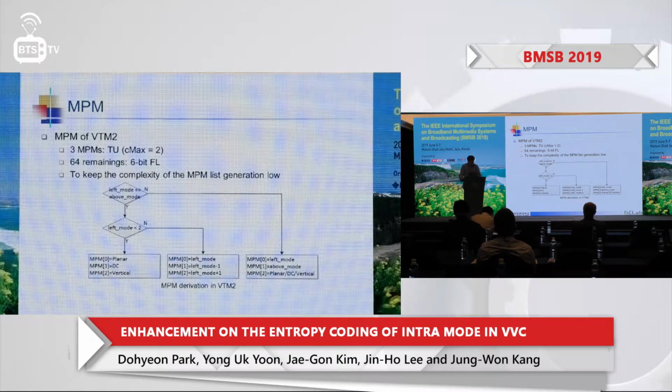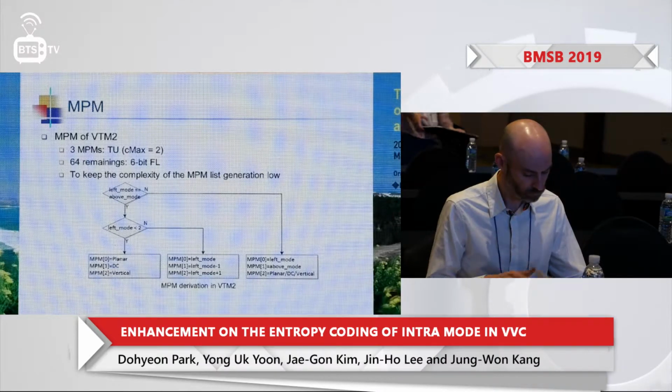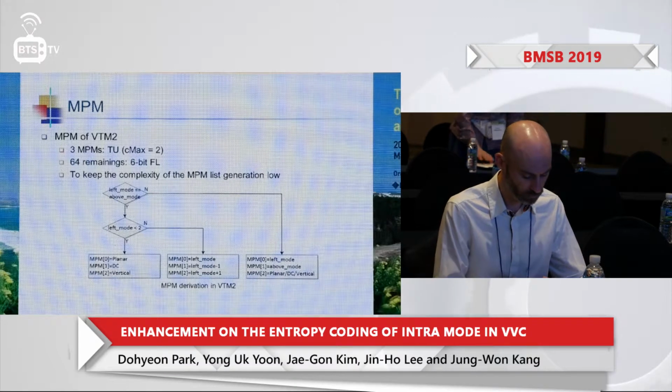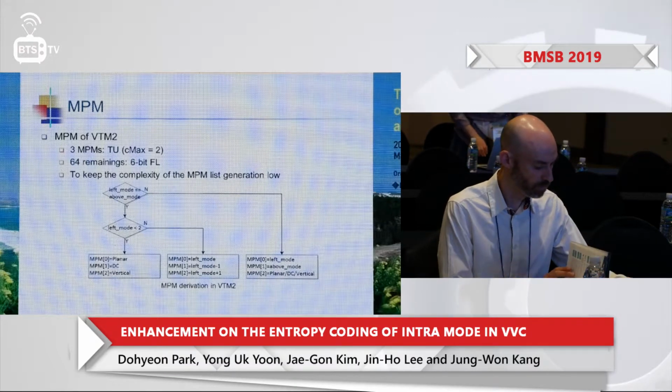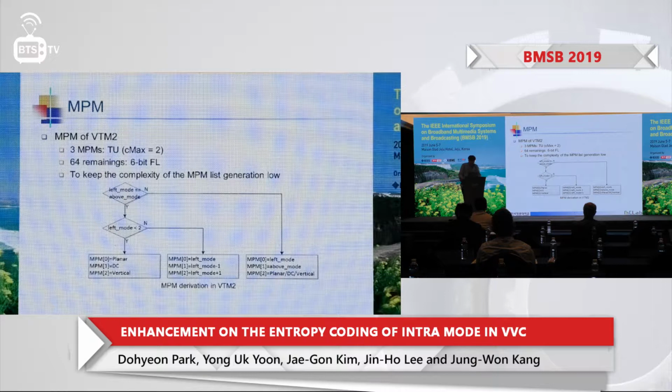I'll show the figure. If left intra mode and above intra mode are the same, and the left mode is a non-angular mode, then MPM 0, 1, 2 are assigned Planar, DC, and this particular mode, respectively.